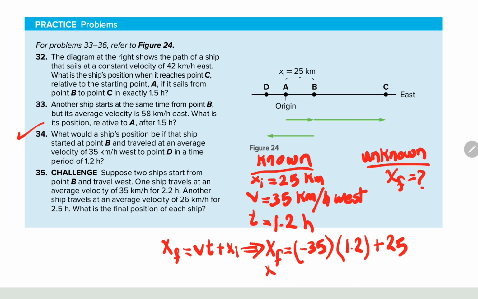The final result, x final, should equal 17 kilometers. This is for question number 34.